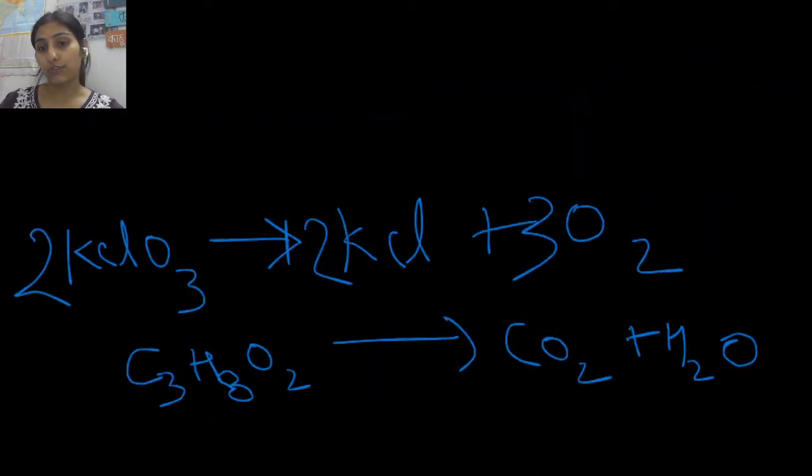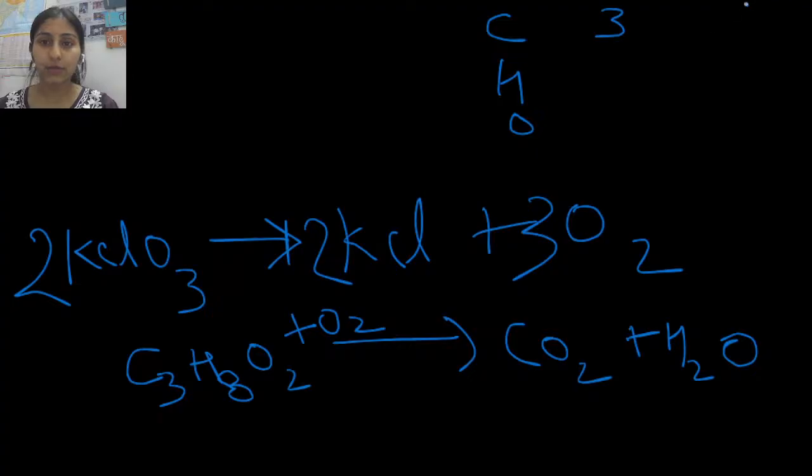We forgot to write plus O2. So the total of carbon, hydrogen and oxygen are here. Carbon: 3 atoms on the reactant side, 1 atom on the product side. Hydrogen: 8 atoms on the reactant side and just 2 atoms on the product side. Then oxygen: 4 atoms on this side and 3 on this side.